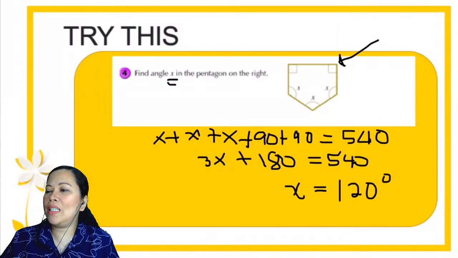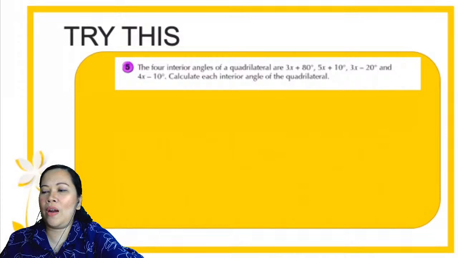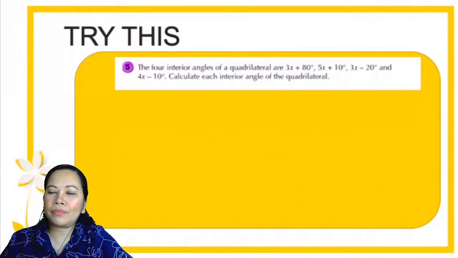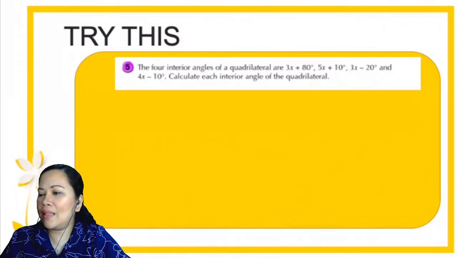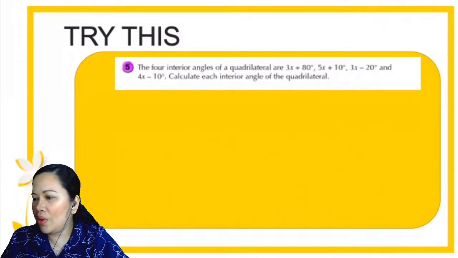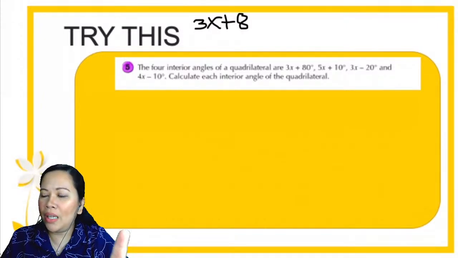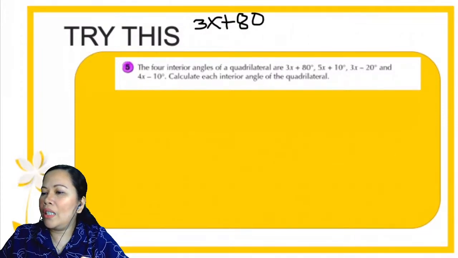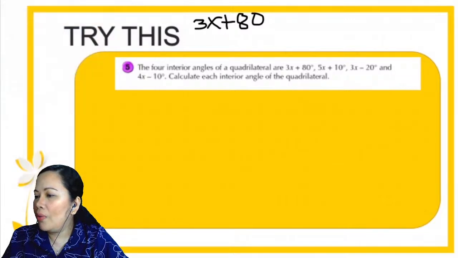Okay. I think this is the last one if I'm not wrong. What if there are 4 interior angles? The 4 interior angles of a quadrilateral, let me just write it down. 3x plus 80, that's one of the interior angles. The other interior angle is 5x plus 10.